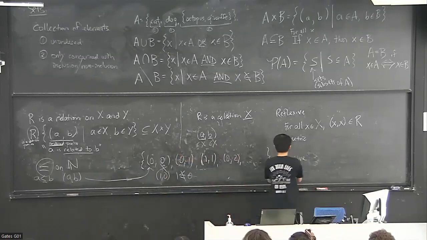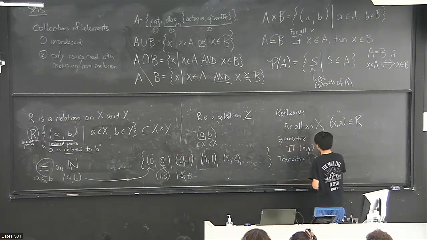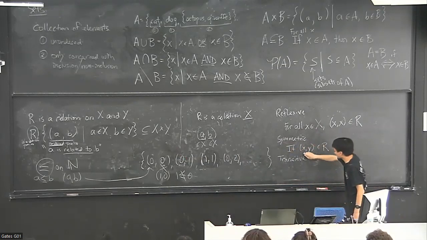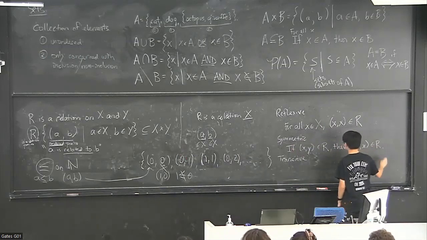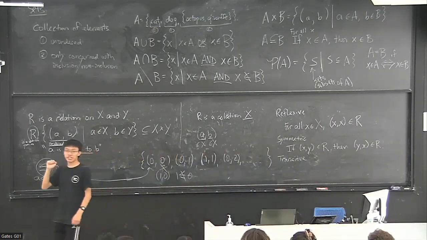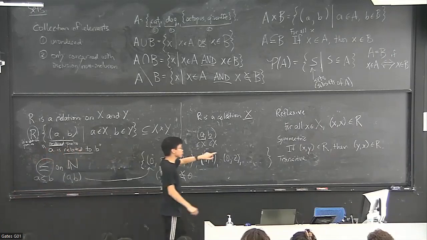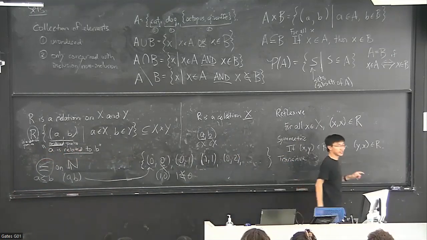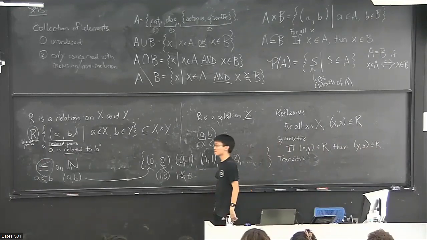Symmetric: if (x, y) is inside the relation, then (y, x) is inside the relation. If x is related to y, then y is related to x. Notice that symmetric is not something that you automatically get. Symmetric is a special structure of your relation, where you can swap the order and you always stay inside the relation.